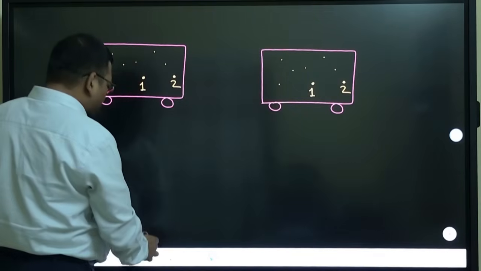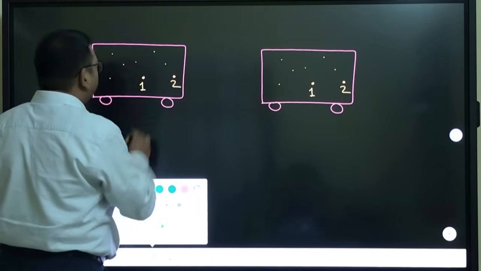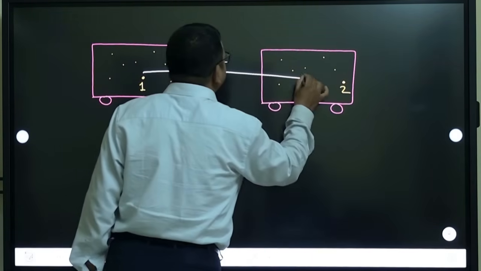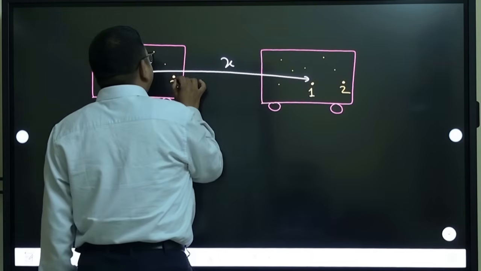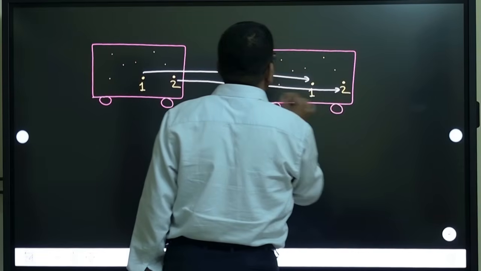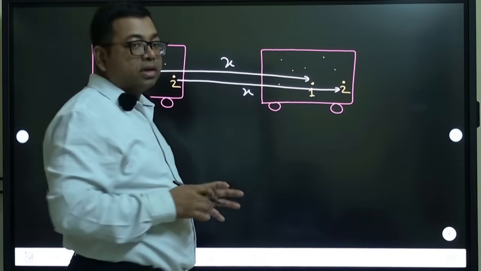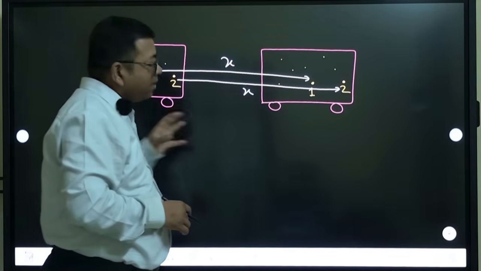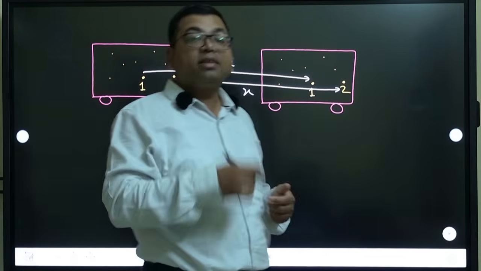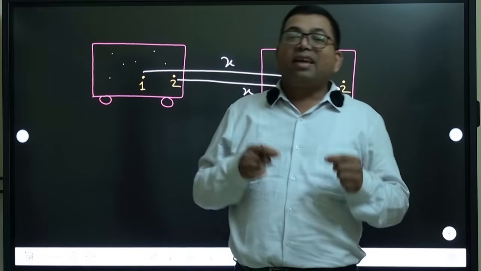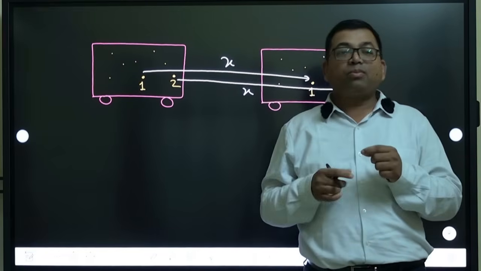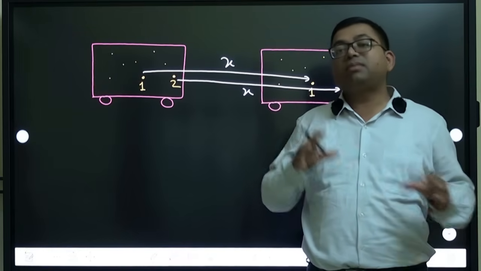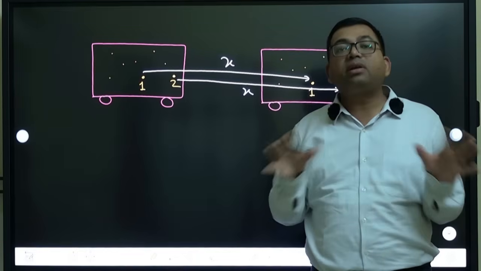So you can note here that this whole car has moved. Point 1 has moved some distance x. Point 2 also has moved the same distance x. This is a point to note. Each point on this body is moving together simultaneously. There is no relative motion between any one point and any other point, right? So there is no relative motion among the points.